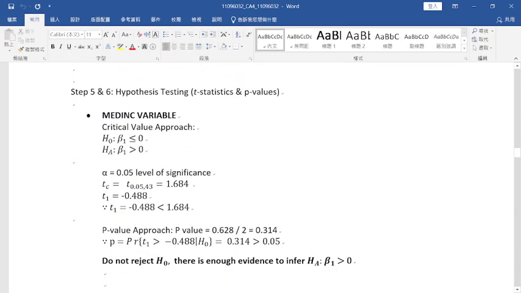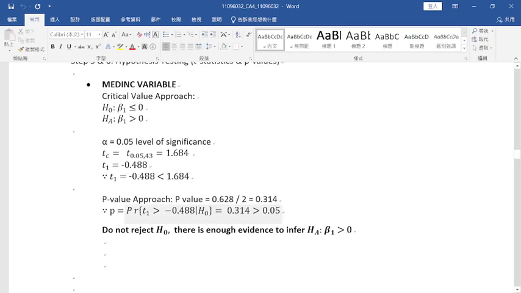For steps 5 and 6, we combined the t-statistic and p-value approaches to do the hypothesis testing for all variables except the metro variable, for which we have to do two-sided testing. For median household income, the null hypothesis is that beta 1 is less than or equal to 0, and the alternative hypothesis is that beta 1 is greater than 0.